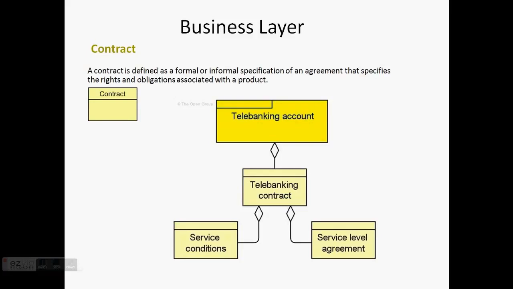It may also be or include a service level agreement, SLA, as we call it, that can describe an agreement about the functionality and quality of the services that are part of a product. Simply, a contract is a specification of a business object.